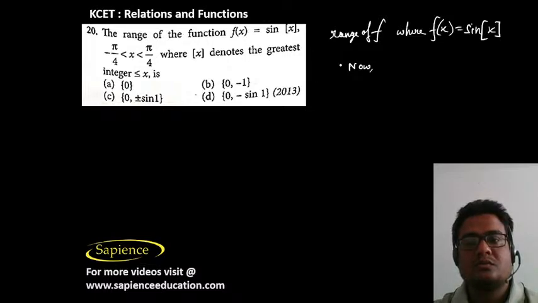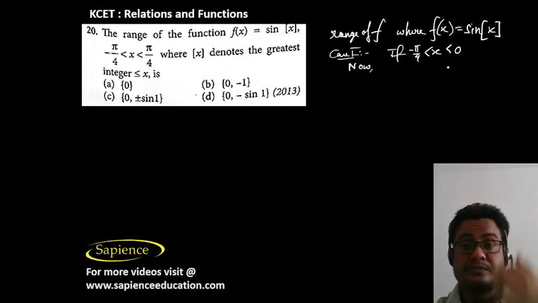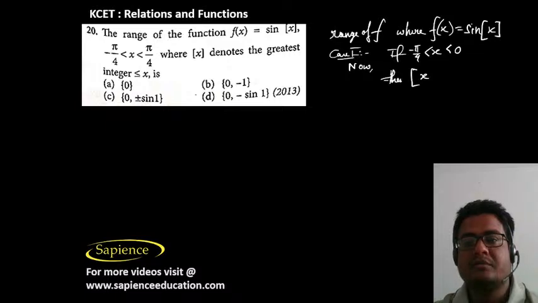Now you can take case 1, case 2. So in case 1 we can take x greater than minus pi by 4 and less than 0. So minus pi by 4 means it is slightly greater than minus 1. Therefore bracket of x will be minus 1.